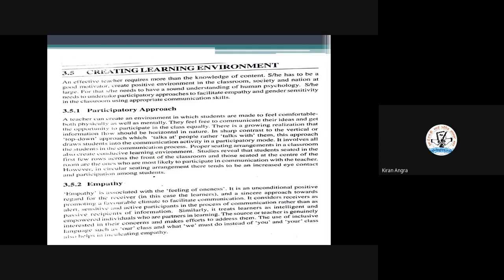Because if you don't understand human psychology, you will not be able to transact the business for which you are there in the class. There are certain skills that will help you create the learning environment. They are participatory approach.